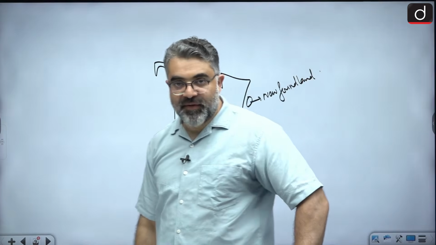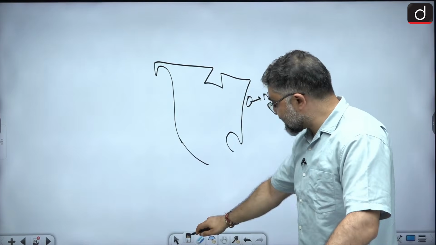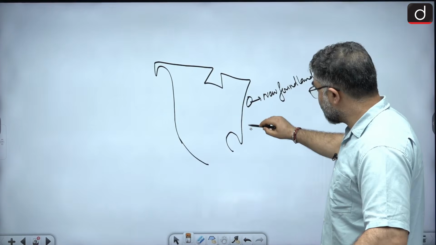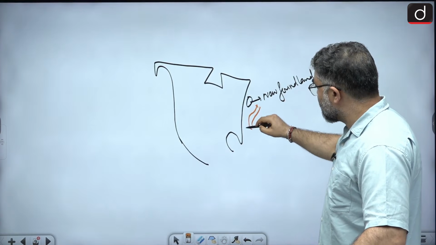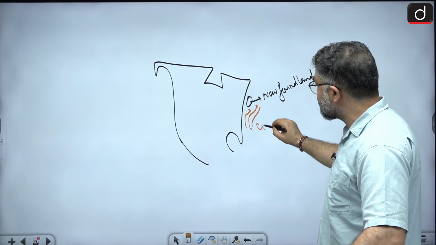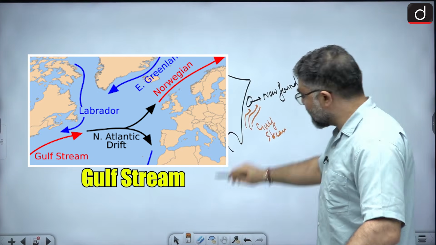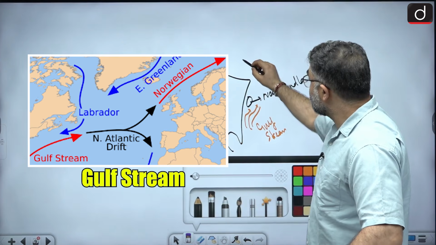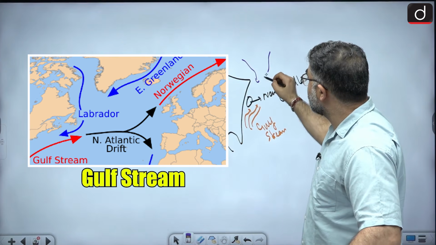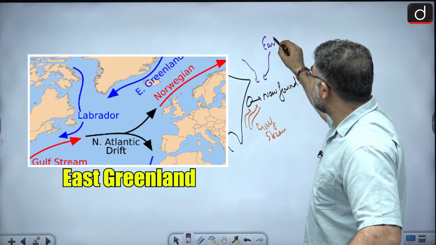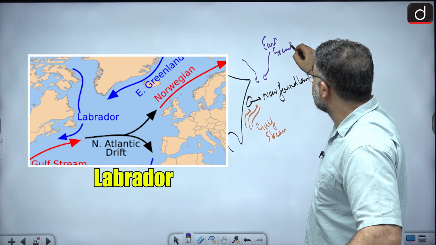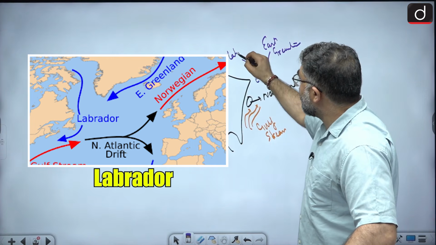Why is it significant for fishing? It is because it's a region where two currents meet. One is the warm Gulf Stream, and the others are two cold currents: the East Greenland current and the Labrador current.